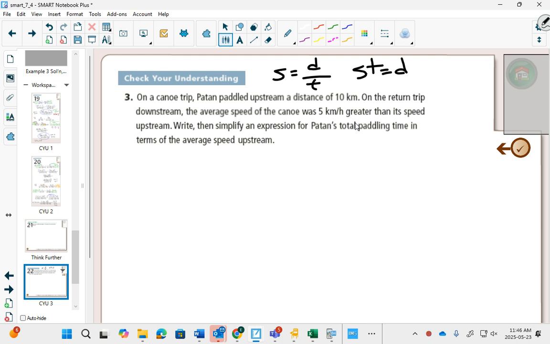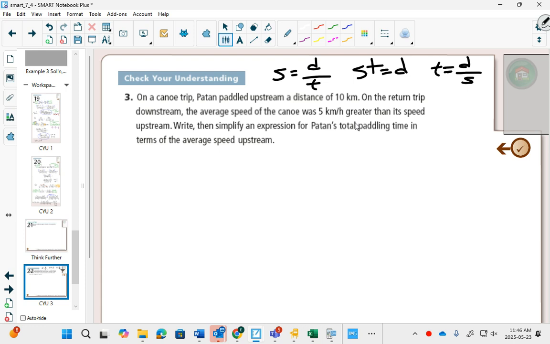We could also get the T by itself by dividing both sides by the S. So we have all three of these formulas. I've given you two easy ways to remember them: the STD formula for science, and just thinking about kilometers per hour. Speed is distance over time.